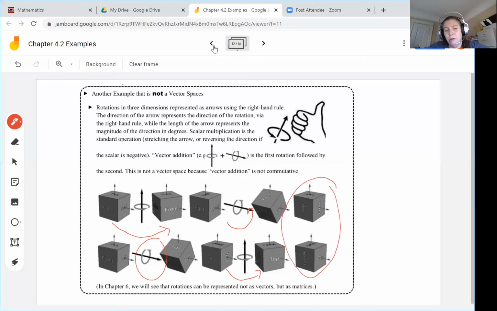In chapter 6, we're actually going to see that rotations can be represented not as vectors, but as matrices.